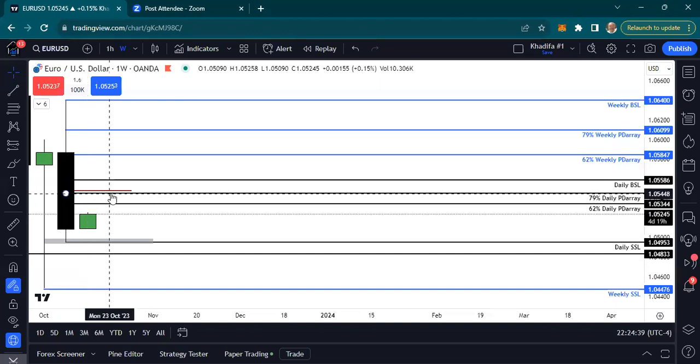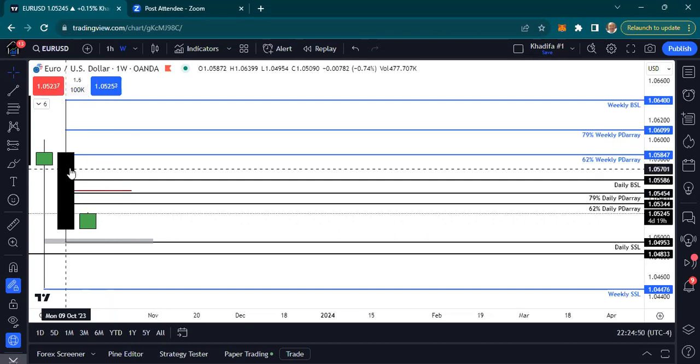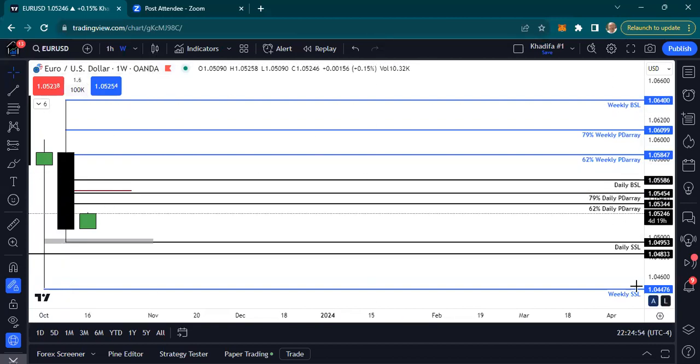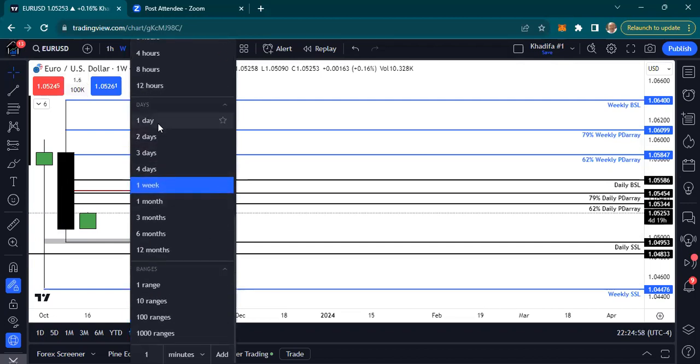And I want to see an aggressive reaction to the downside off of that level. And I do not want to see us break or retest consequent encroachment of last week's body, right? So with that being said, I'll go back down to the daily time frame.